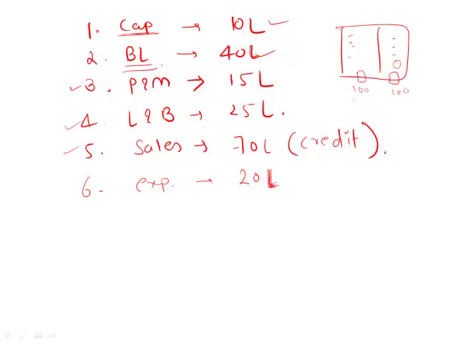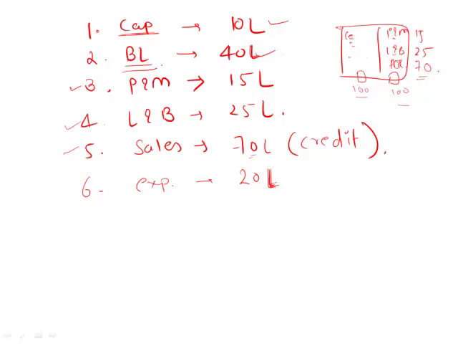So I'll reverse-engineer this balance sheet. Now I know the total is 100. Plant and machinery is 15, land and building is 25, accounts receivable is 70. How much is this? 15 plus 15, 100. That means the cash balance is going to be 0.